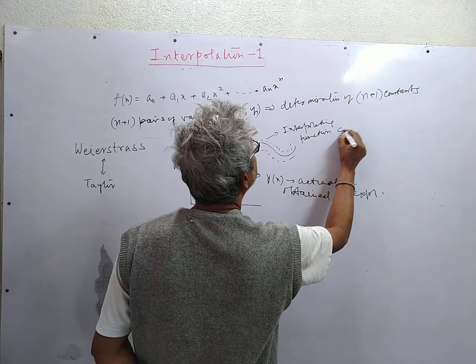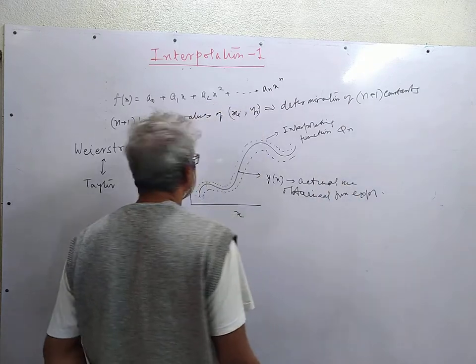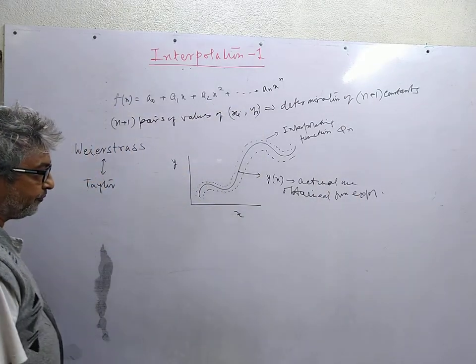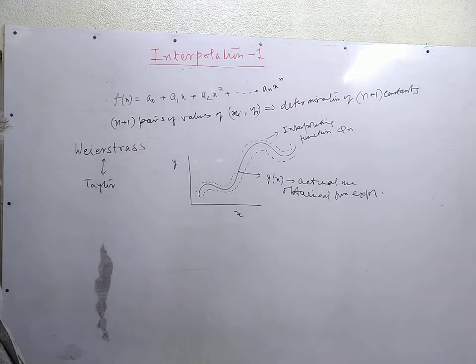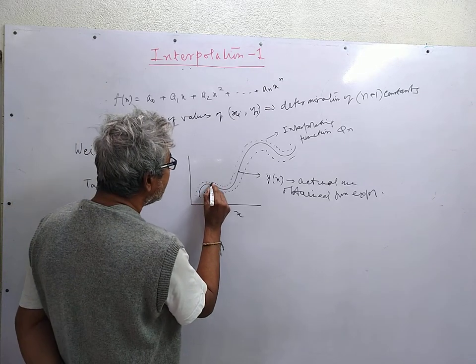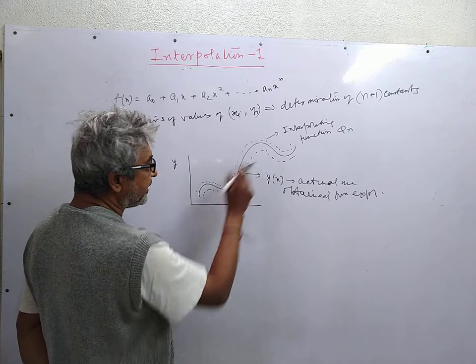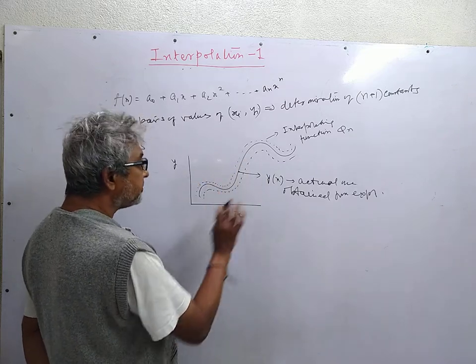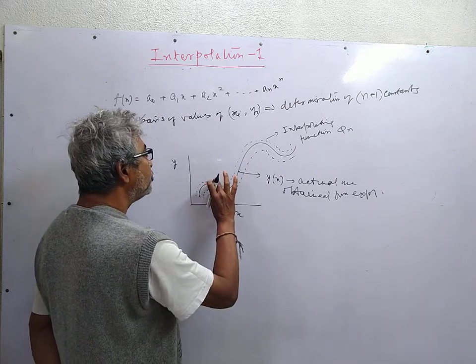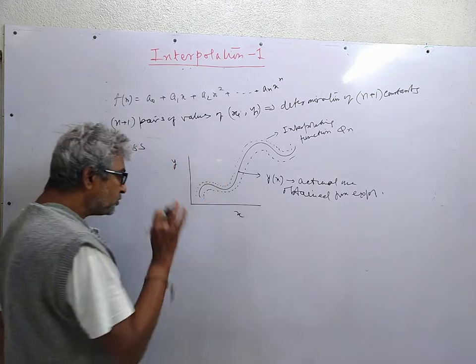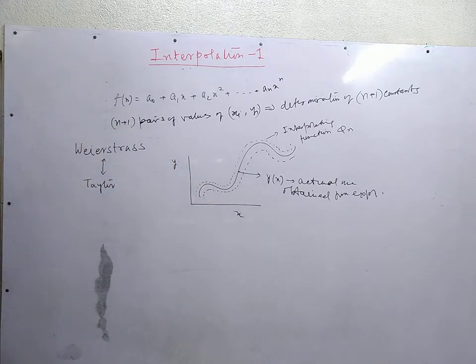For the Weierstrass principle, it is phi n because it is a polynomial of order n. The principle says that the curve is within the error bar, and we can reduce the error to as small values as we please.